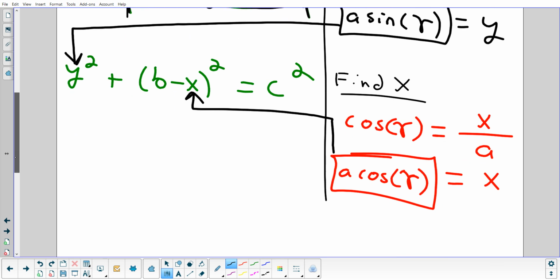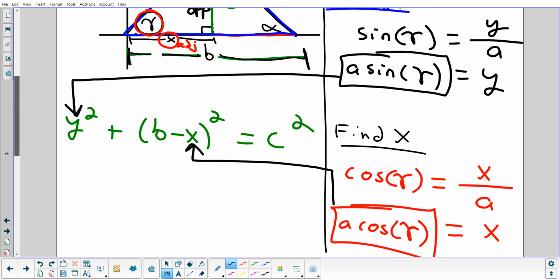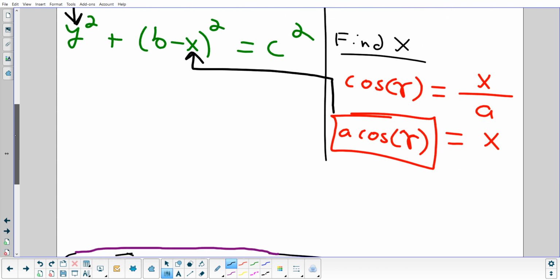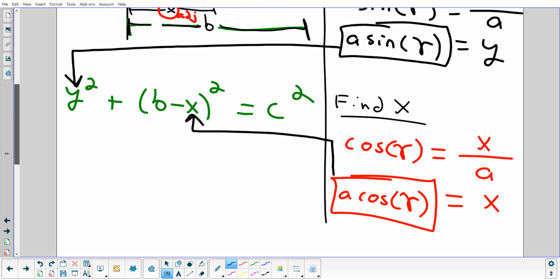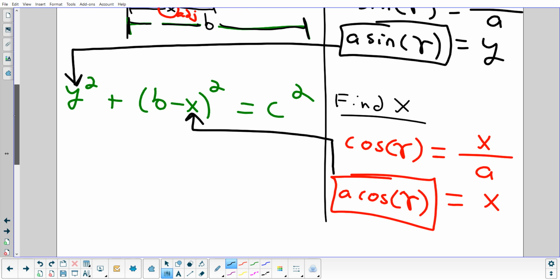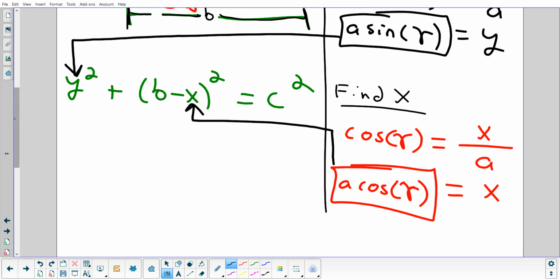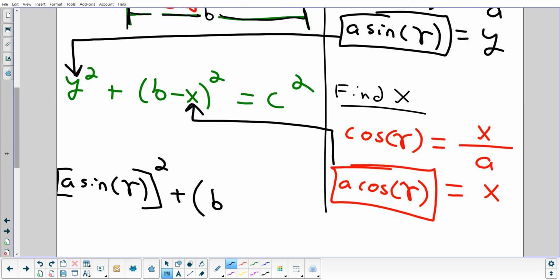Let's see what happens. All right, so I'm going to come down here so I have plenty of space. y is A sine gamma, and you're squaring that whole thing, plus b, you're just going to leave that, minus what's x?